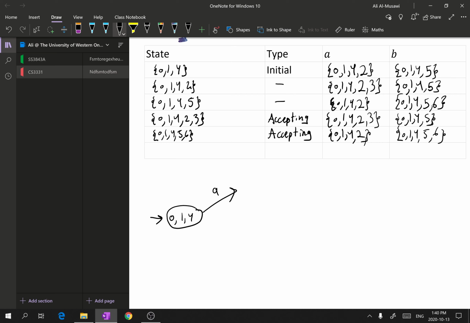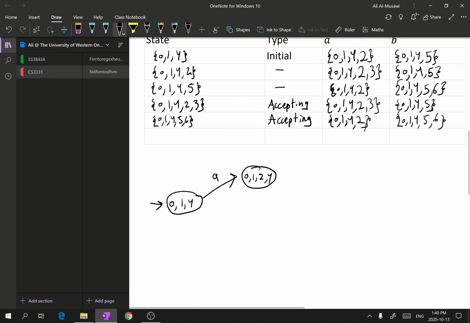Now I'm going to use the numeric order just because that's what the prof does. 0, 1, 2, 4. Okay, that looks a bit ugly, I'm going to redraw that. 0, 1, 2, 4. Then on B, we go to 0, 1, 4, 5.